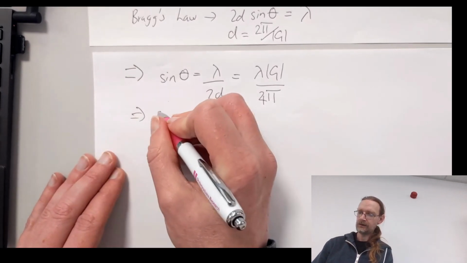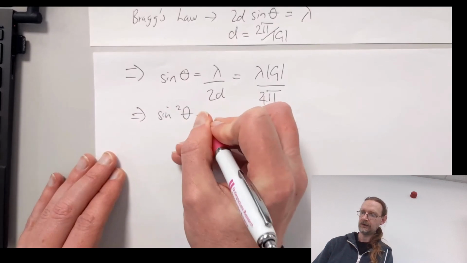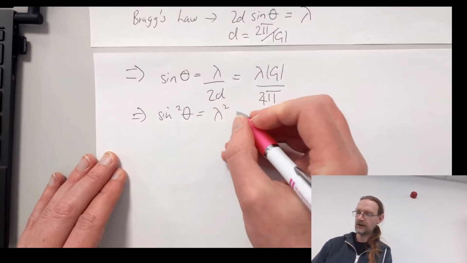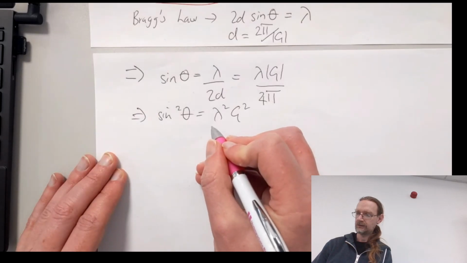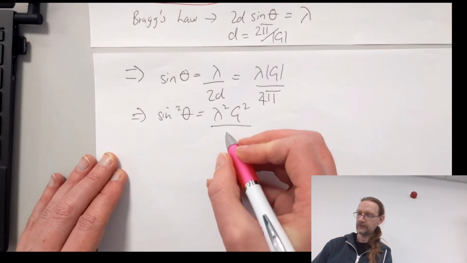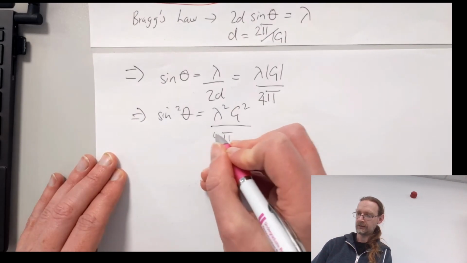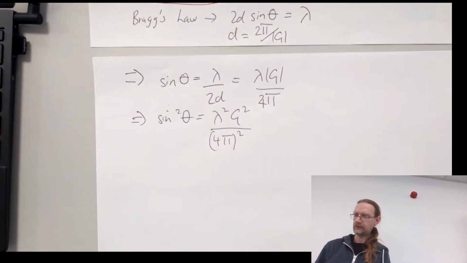That implies that sine squared theta is equal to lambda squared g squared over 4 pi squared. Something like that anyway.